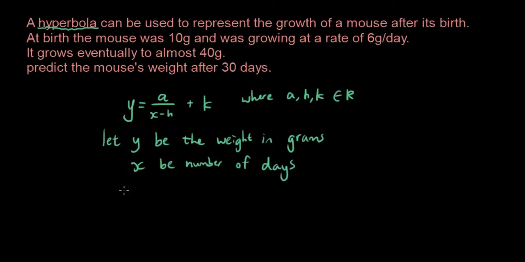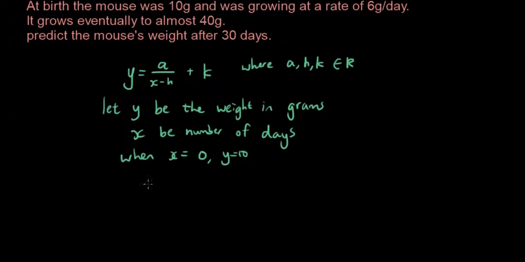Right, so we can substitute in some numbers now. When x is 0, y is 10. So let's substitute those numbers in, and we have 10 equals a over negative h, right, because x is 0, 0 minus h is just negative h, plus k.